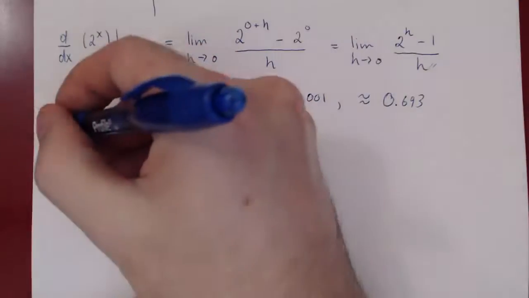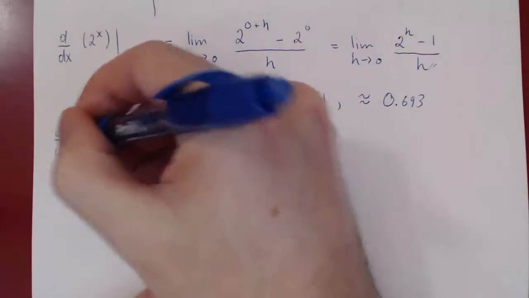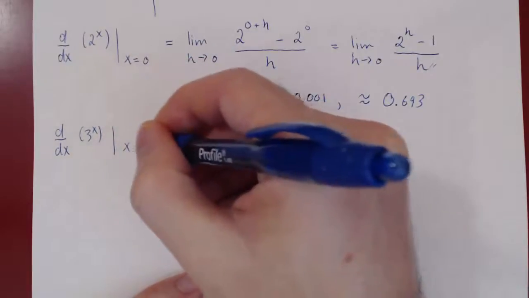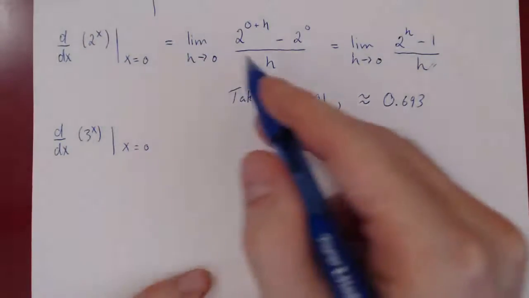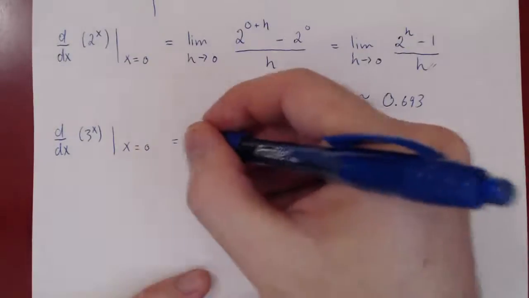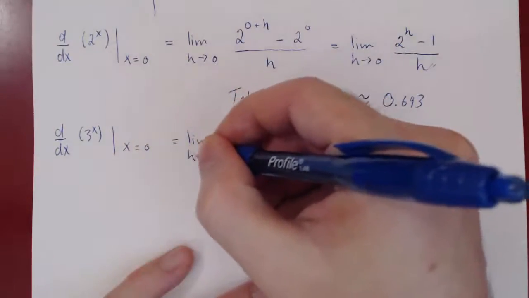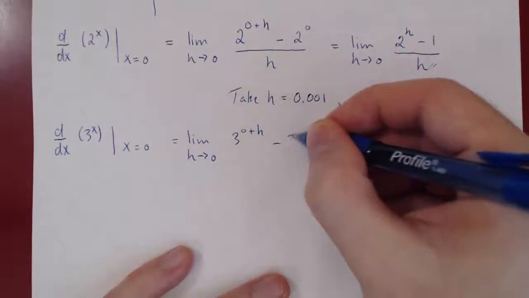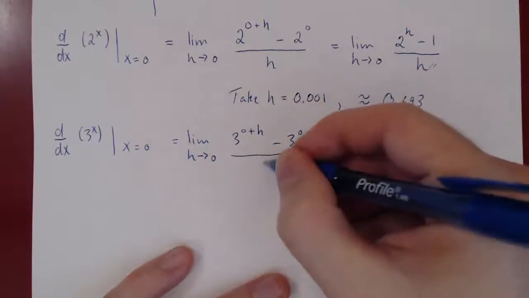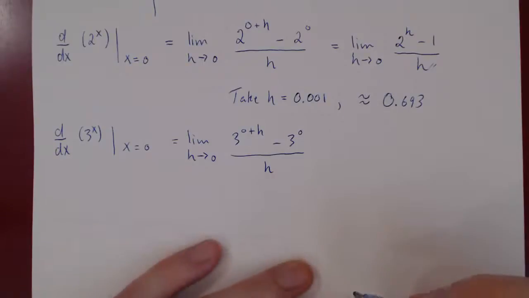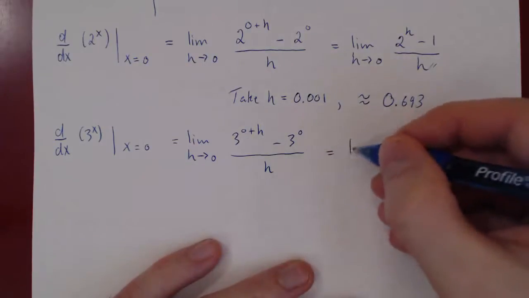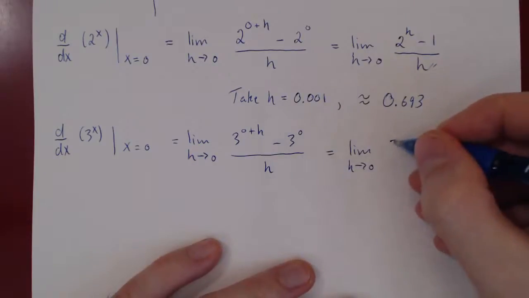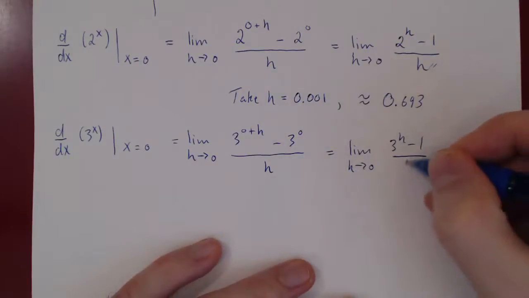So the derivative of 3 to the x, specifically at x equals 0, well, this would be the same as for 2, except we change 2 for 3. So the limit as h approaches 0 of 3 to the 0 plus h, minus 3 to the 0, over h. Again, this simplifies as the limit as h approaches 0 of 3 to the h minus 1 over h.